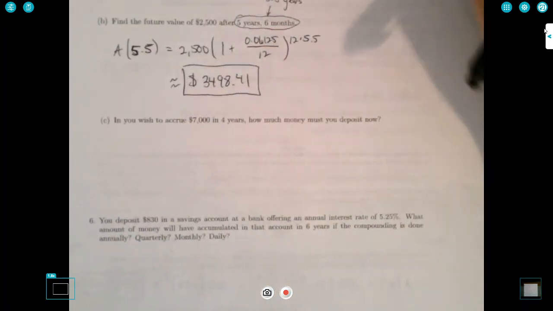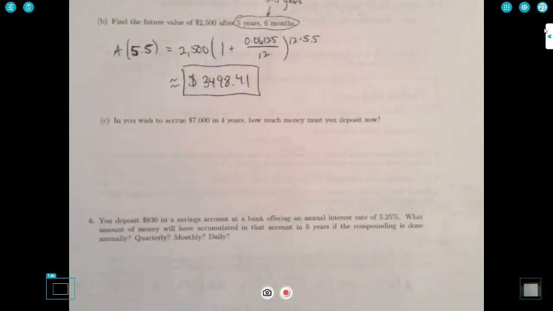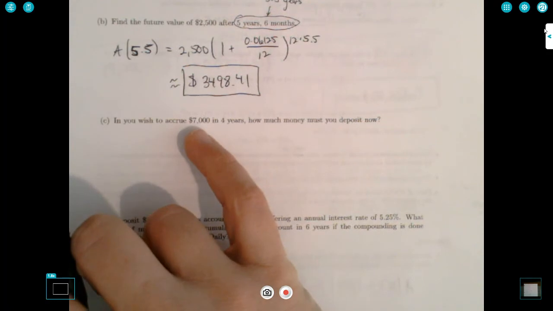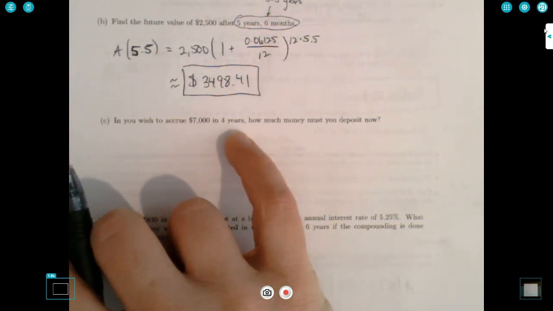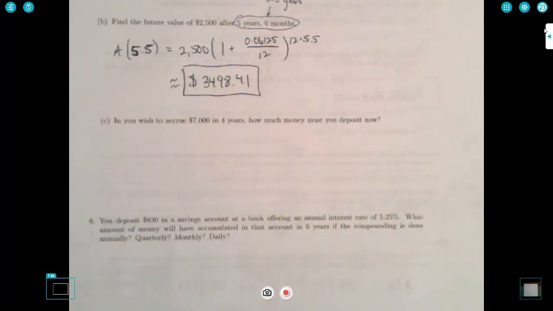Part C kind of switches it up a little. It says, if you wish to accrue $7,000 in 4 years, so it's giving us the future value and the amount of time that we want to accrue it. Then it asks, how much money must you deposit now? So it's asking, what's the principal going to have to be?